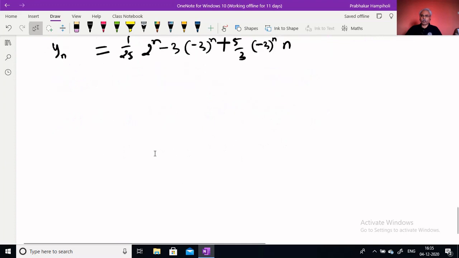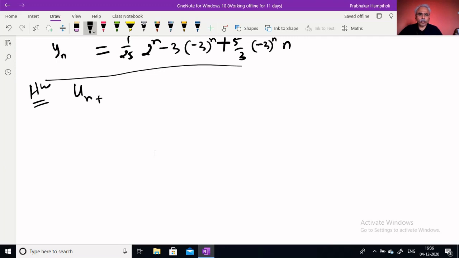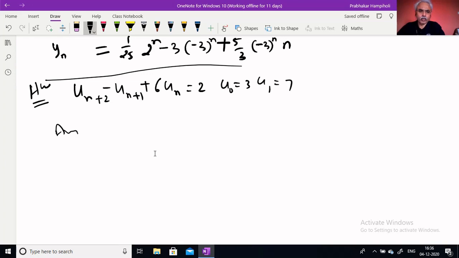So before we go to the next examples, please practice very similar examples, which is the first one. Suppose I write u n plus 2 minus u n plus 1 plus 6 times u n equal to 2 with conditions u0 and u1. The answer should be for this u n equal to 2 plus 2 raised to n.